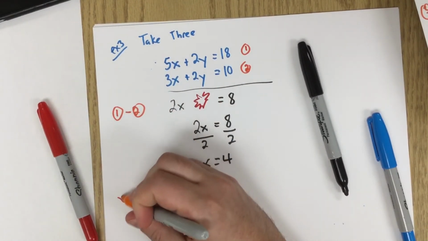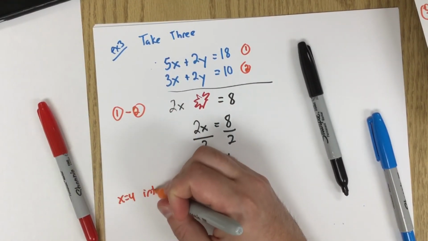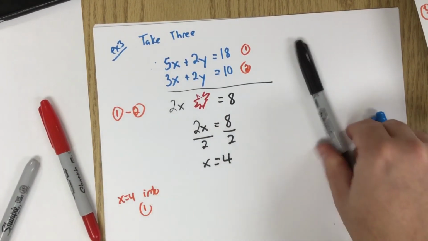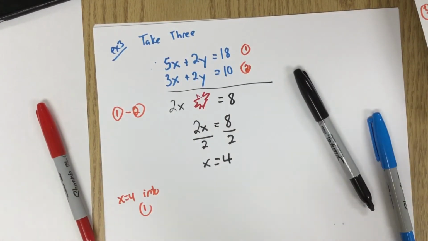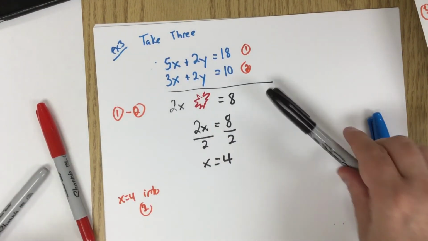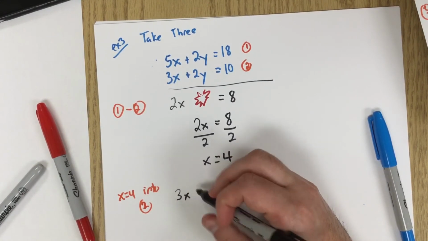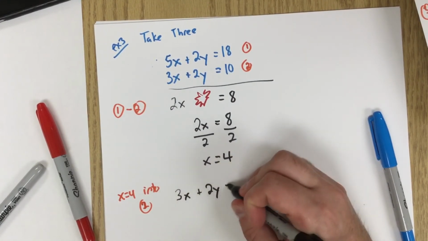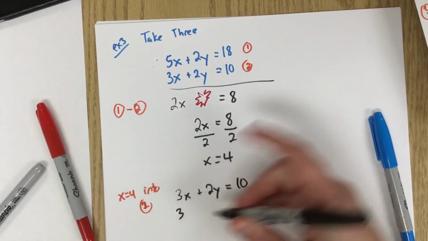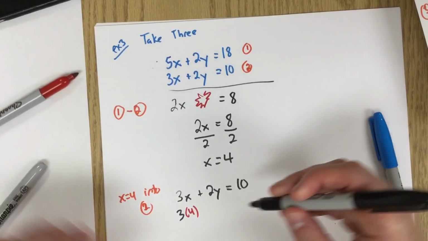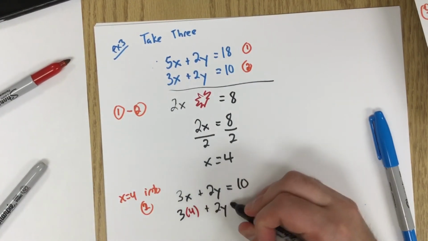We sub x equals 4 into equation 1. Let's do it into equation 2, just so we can see if it still works out. So we're going to get 3x plus 2y equals 10. Instead of x, I'm going to write 4, plus 2y equals 10.